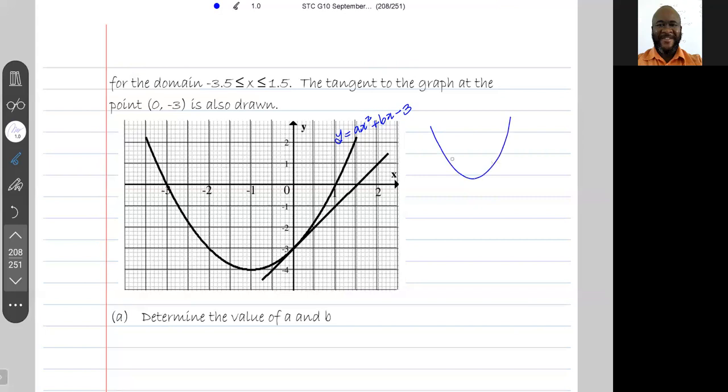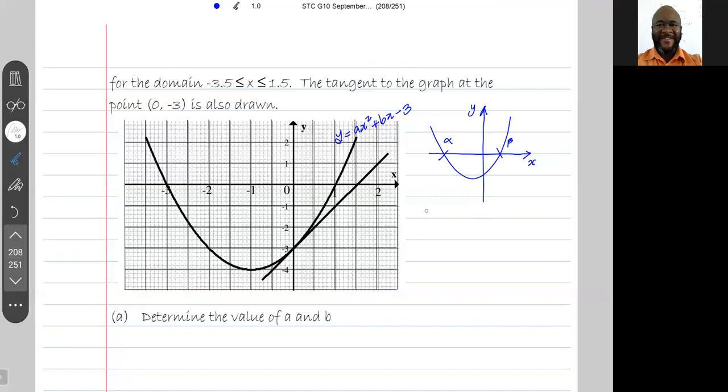The point where the graph meets the x-axis. So let us say the graph meets the x-axis here, and let us say that this is alpha, and here this is beta, and this is our y-axis. Now, the points where the graph meets the x-axis are called the roots.